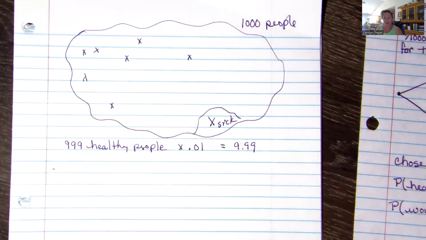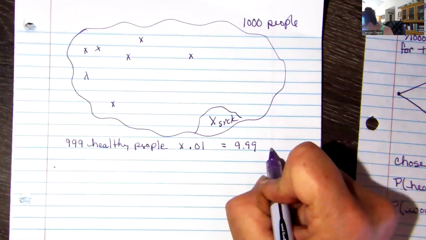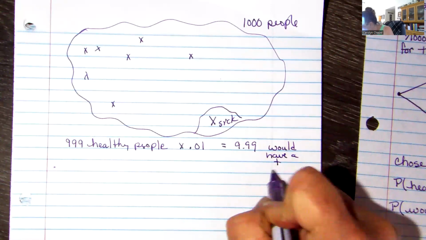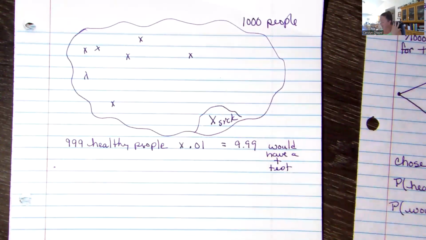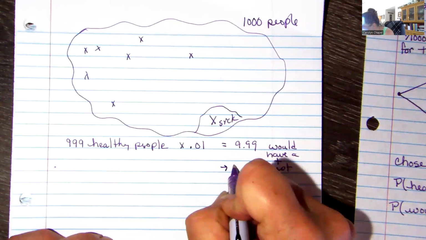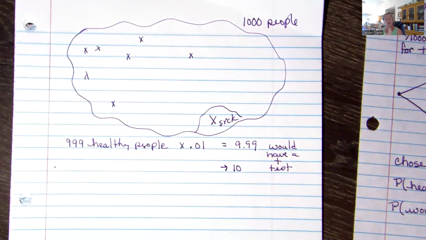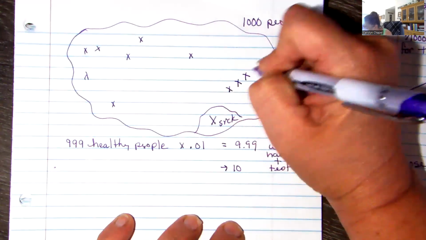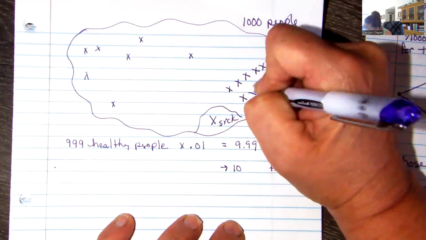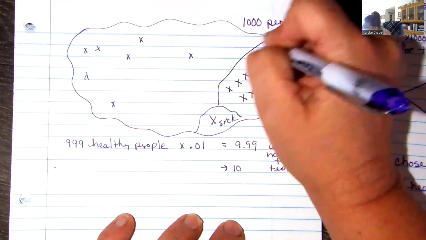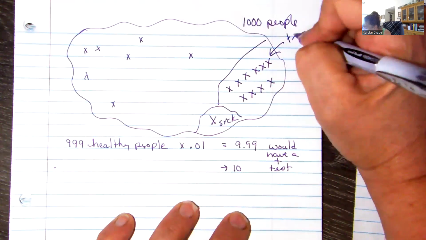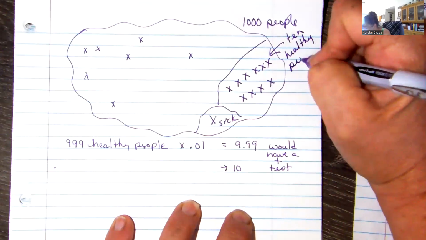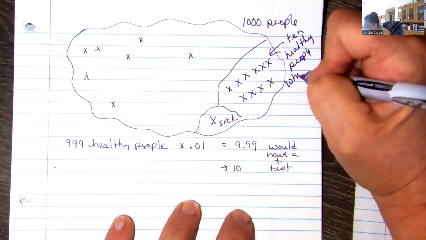I could have probably done that in my head. Would get a positive test. Okay, I'm just going to round up to 10 just to make this a little bit easier. So that means of my healthy people, 1, 2, 3, 4, 5, 6, 7, 8, 9, 10. So there's our 10 healthy people who tested positive.